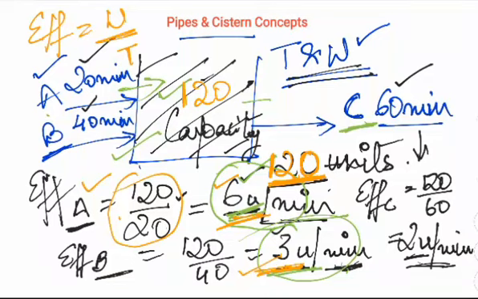If A is working for 3 minutes, A is filling 18 units of liquid, and the total capacity in that case is 120. Using these concepts, we can solve most of the questions in this chapter.